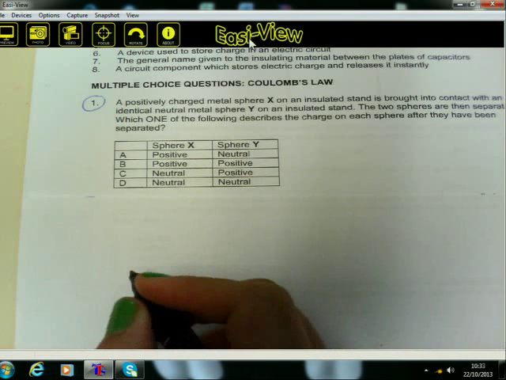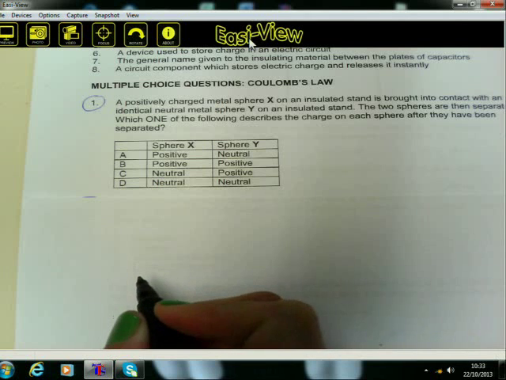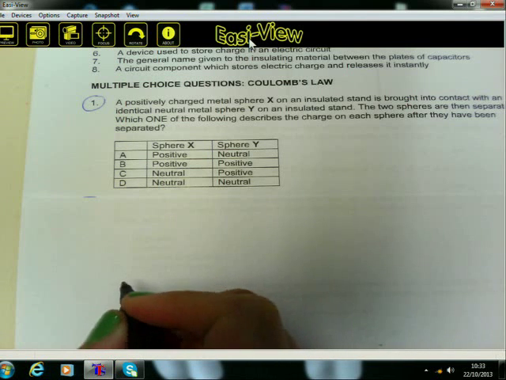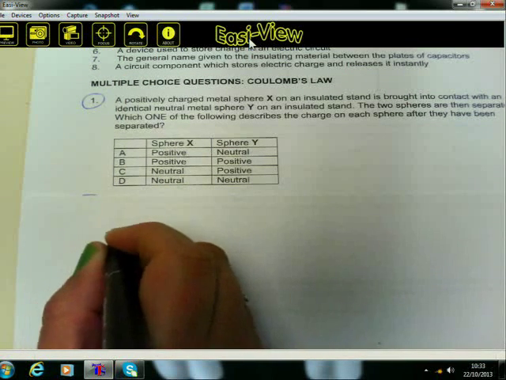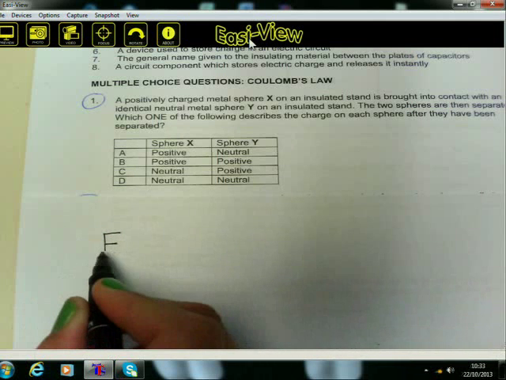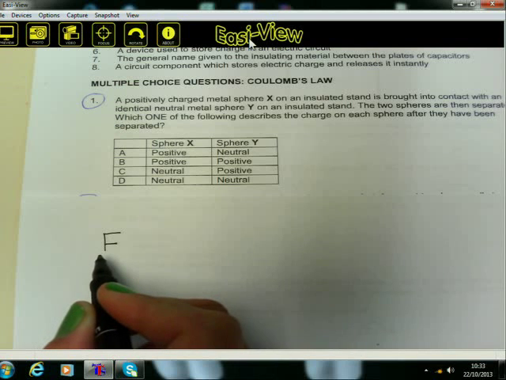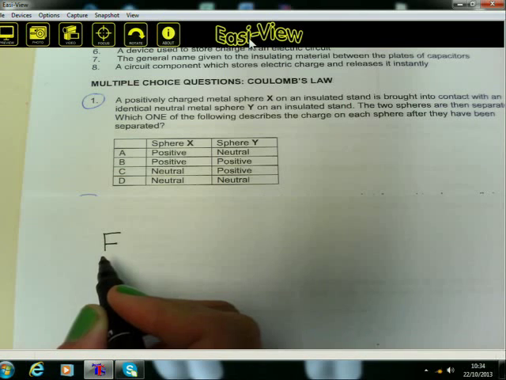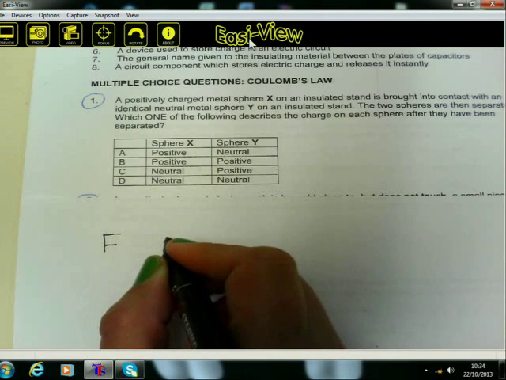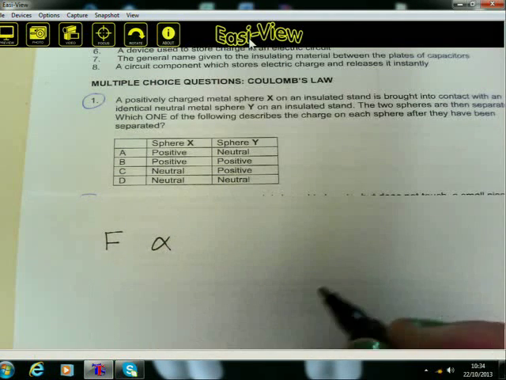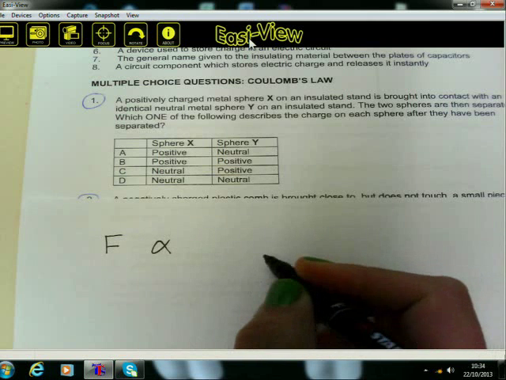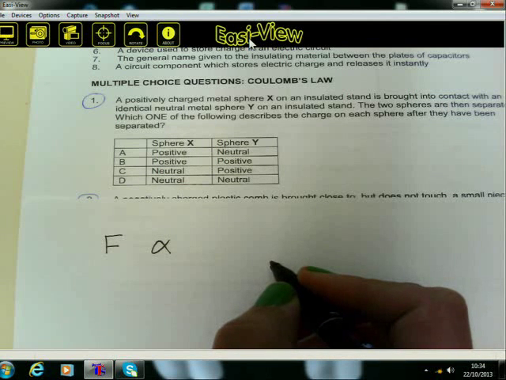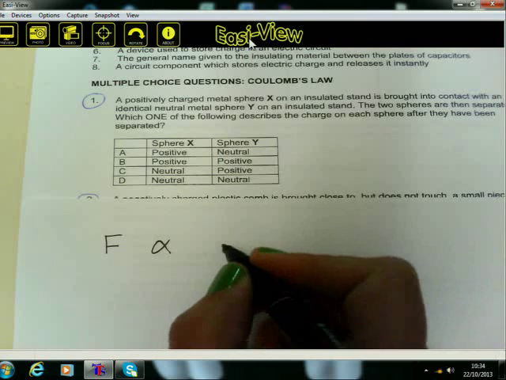Coulomb's law says, the magnitude of the electrostatic force, so we write force, exerted by one point charge, Q1, on another point charge, Q2, is directly proportional to the product of the magnitude of the two charges.